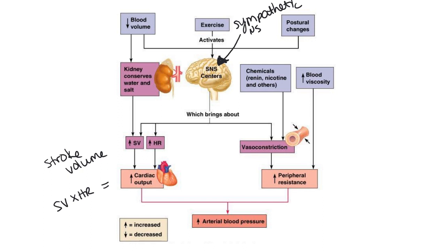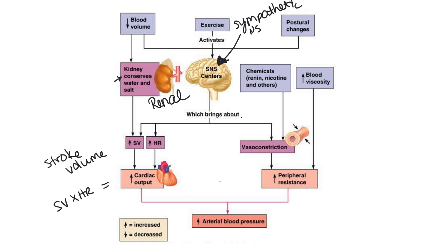And the kidneys play an important role in regulating blood pressure as well. If you see the term renal, you need to be thinking kidneys and how they're impacting things. So the kidneys, or the renal system, here is going to be altering blood volume. You can see here your kidneys conserve water and salt, so they help regulate your blood volume. And if we regulate blood volume, that can affect pressure.